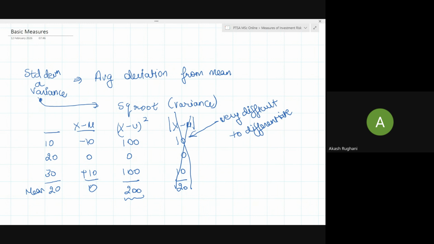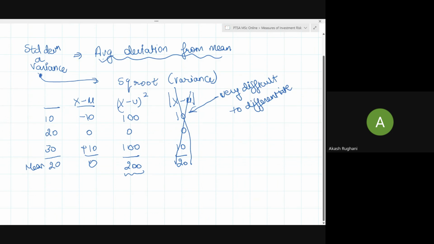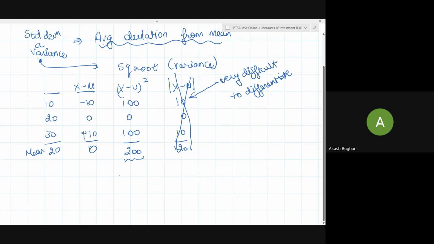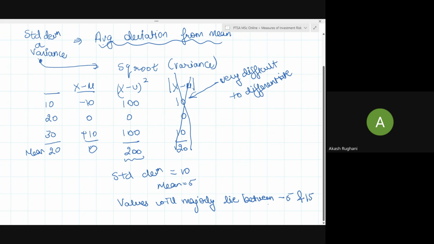Okay. Now we come back to the interpretation, average deviation from the mean, which basically means if I say the standard deviation is 10 and the mean is 5, my values will majorly lie between -5 and 15, which is basically x bar minus the standard deviation and x bar plus the standard deviation.